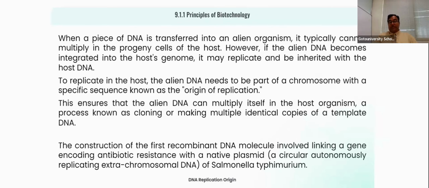So the first recombinant DNA involved linking a gene encoding antibiotic resistance. The gene makes an enzyme, and that enzyme helps the bacteria survive the antibiotic. That gene I'm introducing into the plasmid of Salmonella typhimurium.